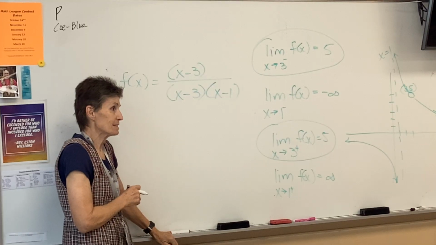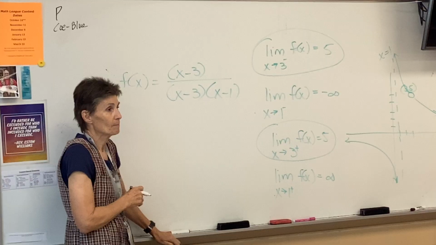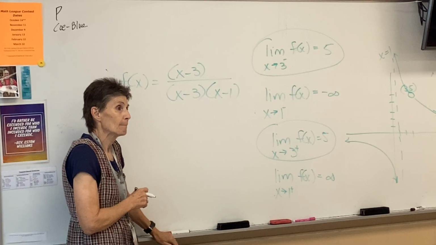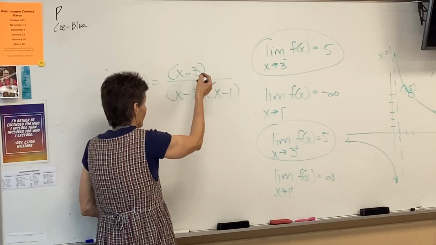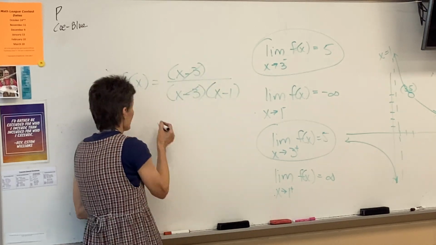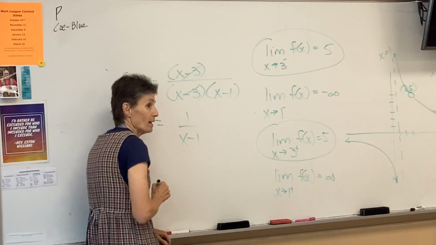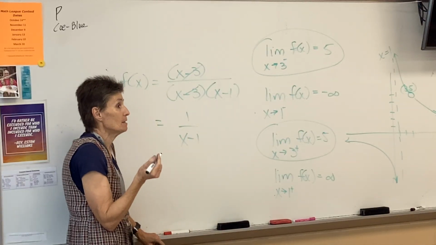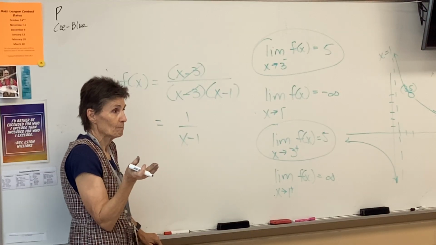Why isn't this necessarily the answer, though, Charlie? Because on the hole, when you plug in 3, you should get a 5 as the answer. Exactly, so we know we're going to cancel this. And then with what I have here, this is what I'd be left with, and if I put in 3, I don't get 5.